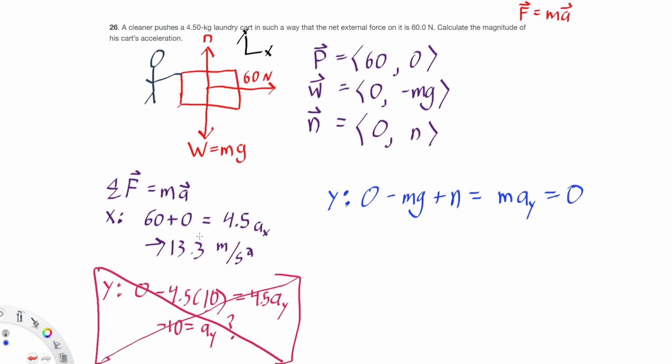So we set this whole thing equal to 0. And that tells us that in this situation, the amount of normal force that the surface is exerting is going to be equal to the weight of the cart. And that is actually an important result because it gets us to Newton's third law.